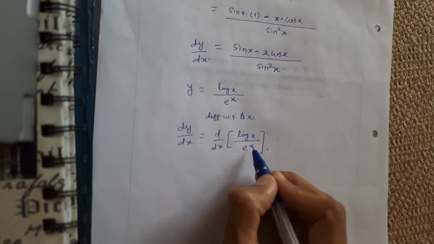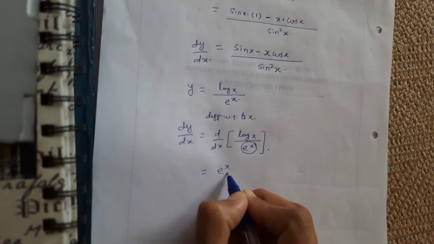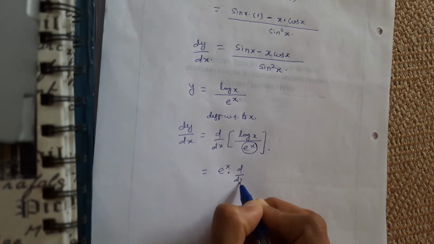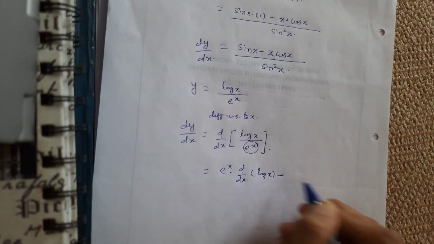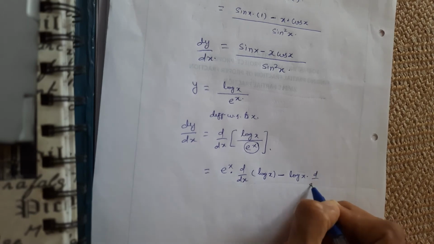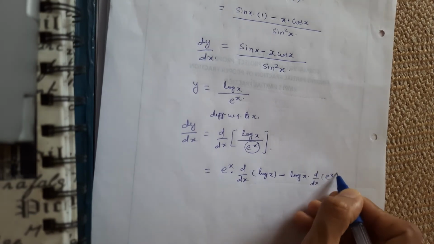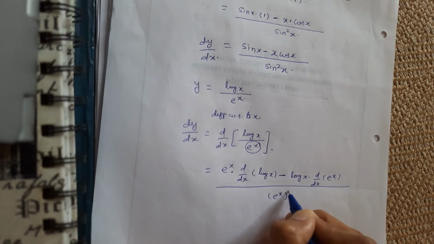Okay, now start with denominator. So denominator into derivative of numerator minus numerator into derivative of denominator divided by denominator square.